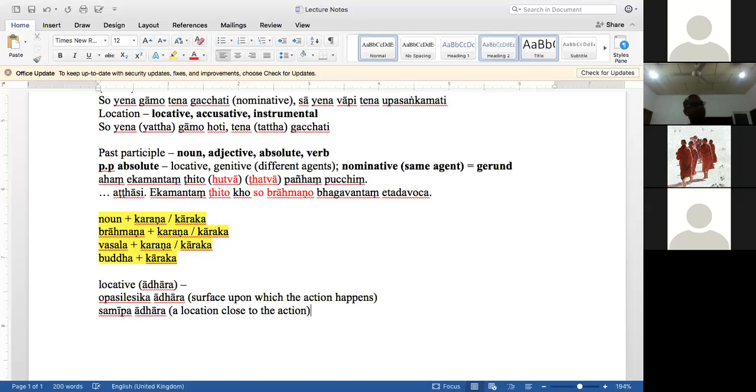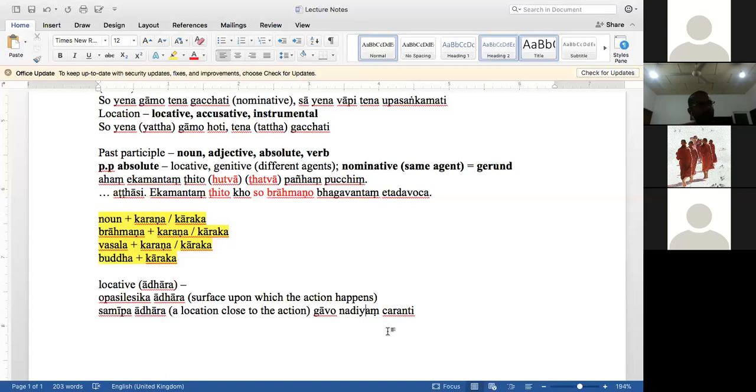For example, there is the statement Gavo Nadiyan Charanti. The cows or the oxen wander in the river. But it doesn't mean that the locative Nadiyan says they were traveling inside the river. It says that they were traveling close to the river. So this is called Samipa.